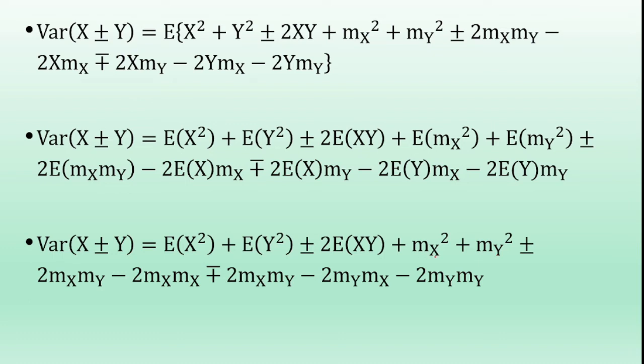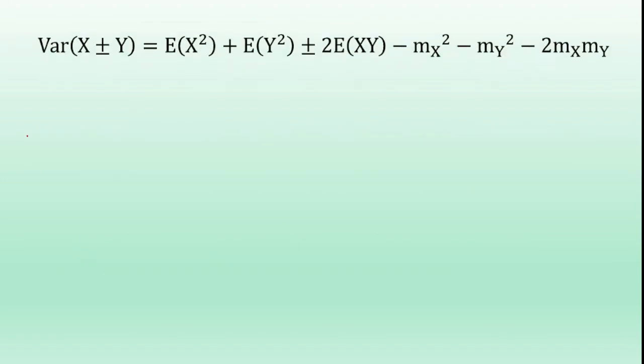Now here, plus mx square, minus 2 mx square plus mx square is minus mx square, and minus 2 my square plus my square is minus my square. So this term and this term are cancelled, and the remaining RHS term is expectation of x square plus expectation of y square plus or minus 2 expectation of xy minus mx square minus my square minus mx my.